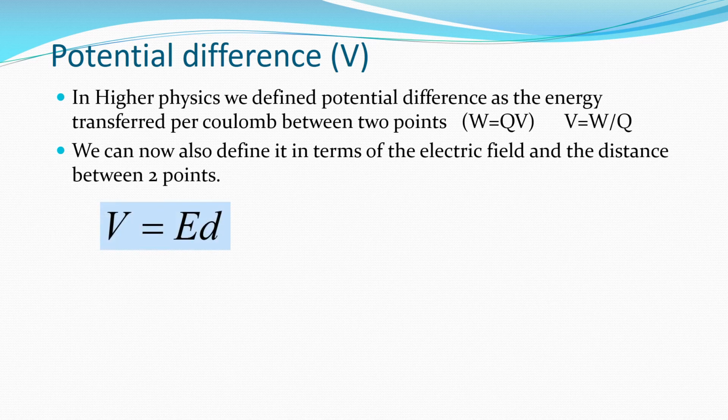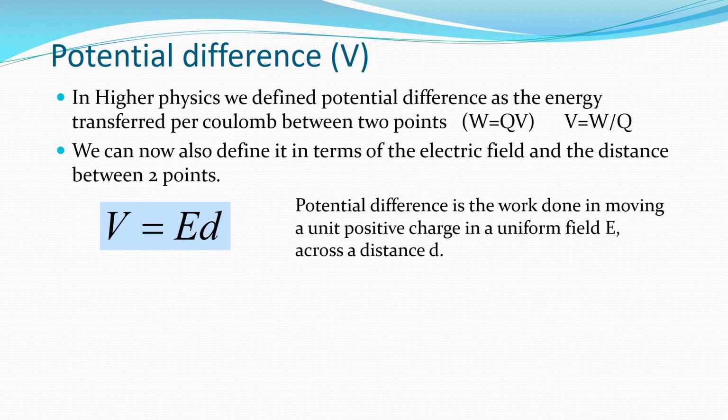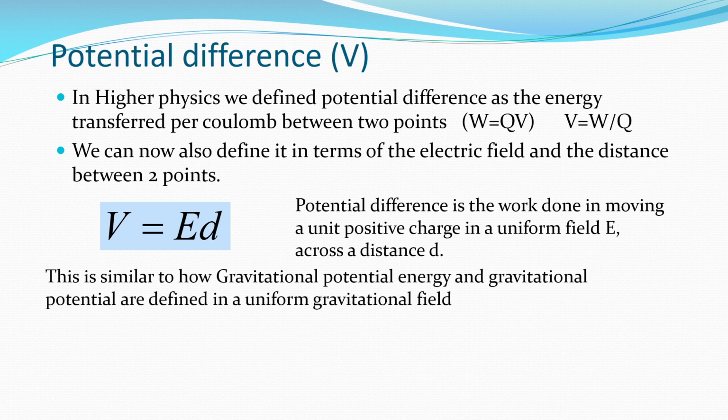In the previous slide, we defined the equation V is equal to ED. Potential difference is the work done in moving a unit positive charge in a uniform field E across a distance D, very similar to the definition we have for gravitational potential. This is similar to how gravitational potential energy and gravitational potential are defined in a uniform gravitational field.